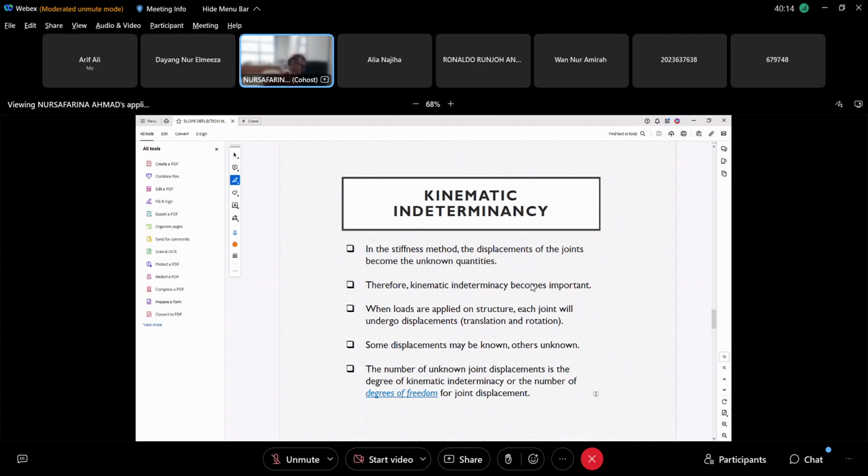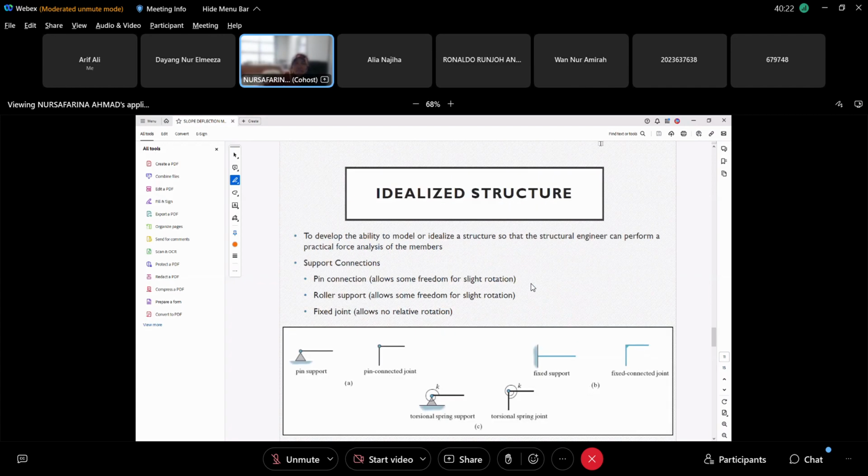This is an idealized structure. We need to idealize a structure so that the structural engineer can perform practical force analysis of the members. When you portray the real structure as an idealized structure, this is what we can see.